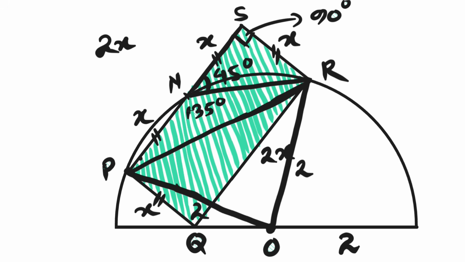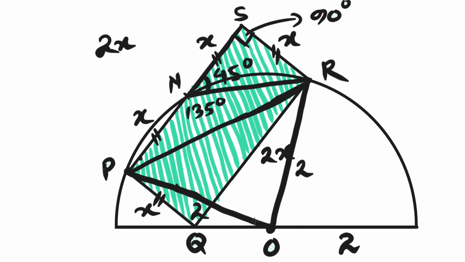Since our inscribed angle is 135 degrees, twice 135 degrees gives 270 degrees. So, the reflex central angle POR is 270 degrees, but we are interested in the smaller angle at the center. A complete turn around the center is 360 degrees.